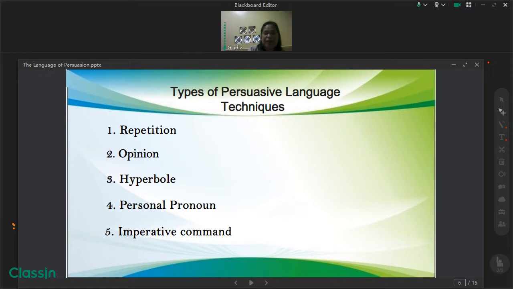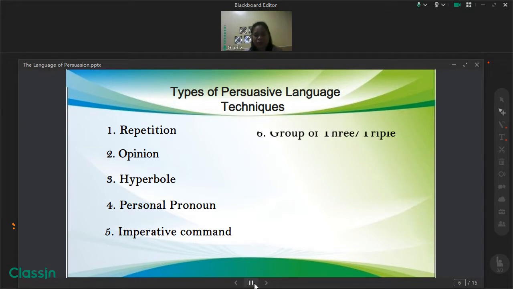Then share a command or request, like for example, stop beating the dog. And then give instructions, like for example, let him cool down, and then ask about the incident. So that is an imperative command.